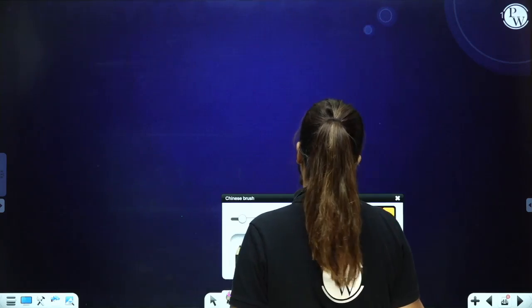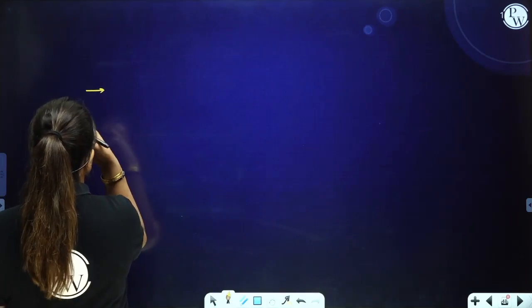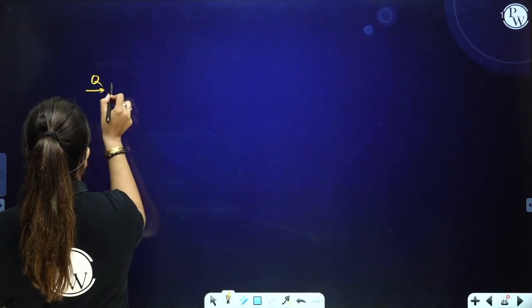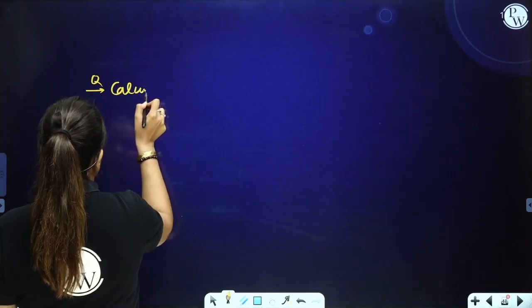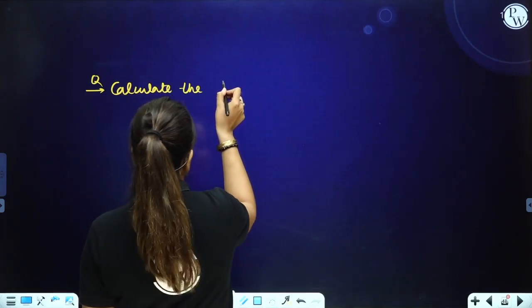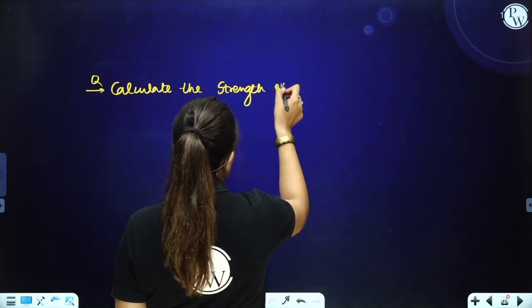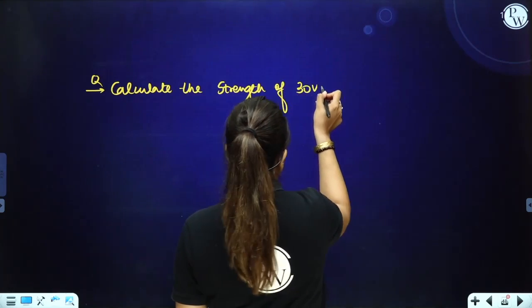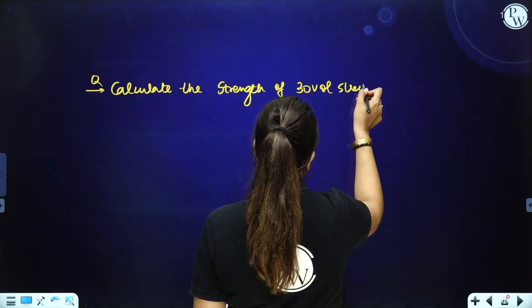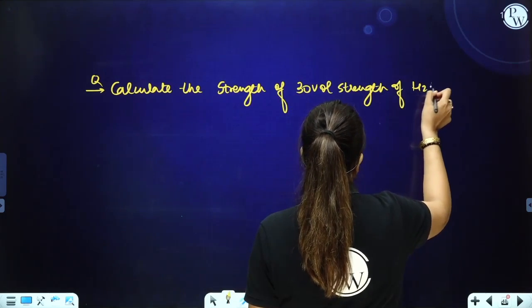Almost everyone is having doubt in this topic, which is called the volume strength. Now let's have a question. Calculate the strength of 30 volume strength of H2O2.